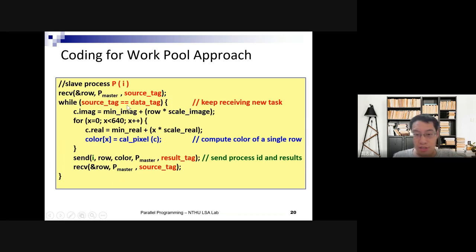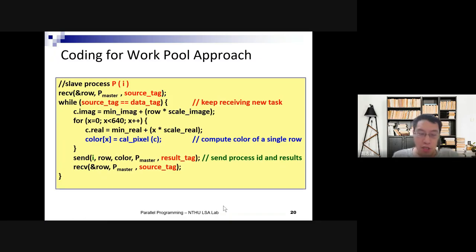But if it's a computation task with some data within, you will compute and call our computation function, right? And send the results back to the master and try to receive the next task, okay? Until the returned message is a terminate token.